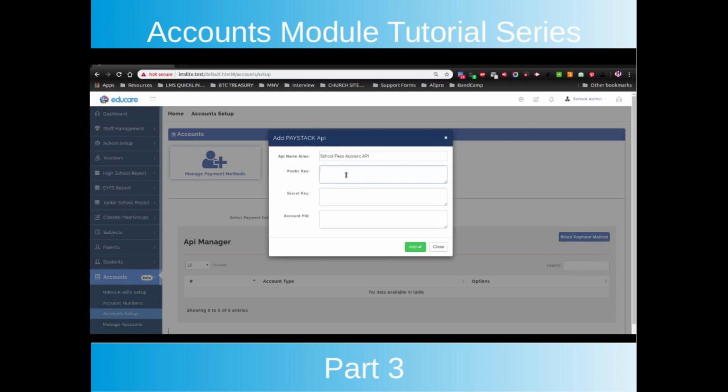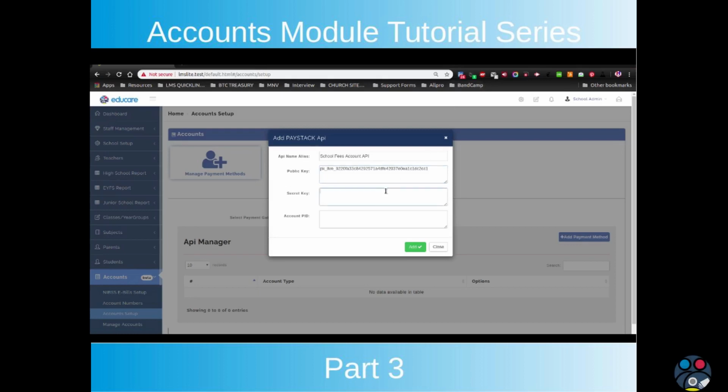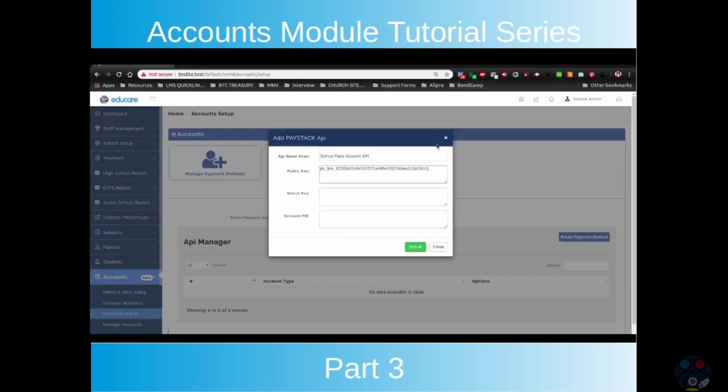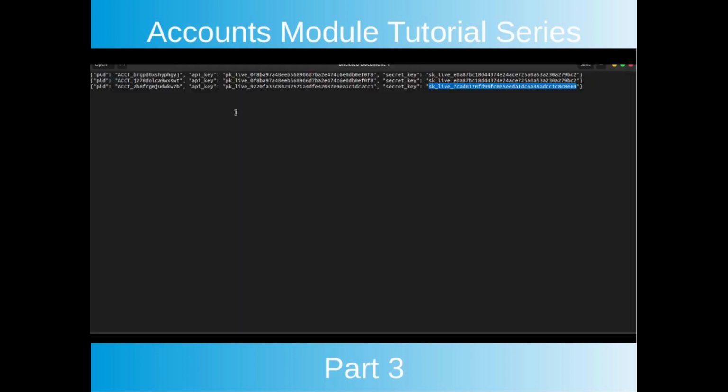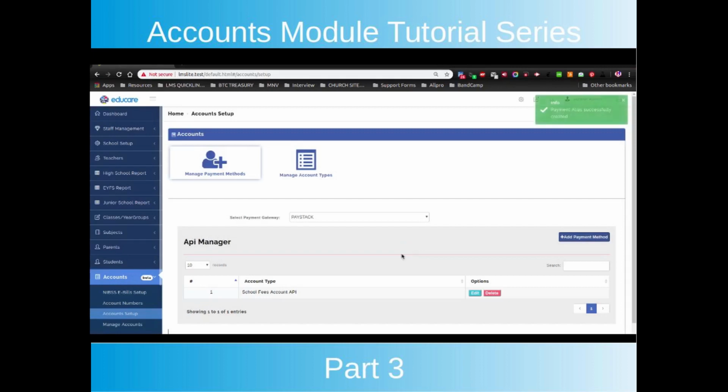So eventually, it comes down to entering the public key, the secret key, and the account PID. When you do that and you save, the Paystack API manager will contain at least one item that we have just added.